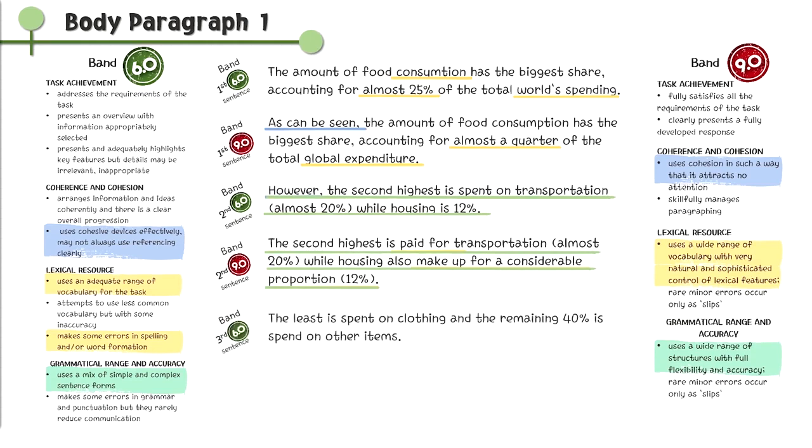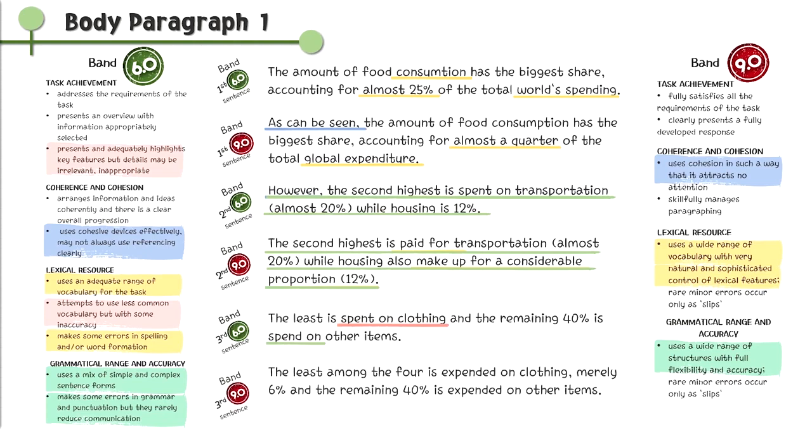The least is spent on clothing, and the remaining 40% is spent on other items. In the last sentence of the Band 6 report, the percentage of clothing was not added. This does not support the task achievement of the response, as it should add details to the main features. Also, the word spend was not used correctly.